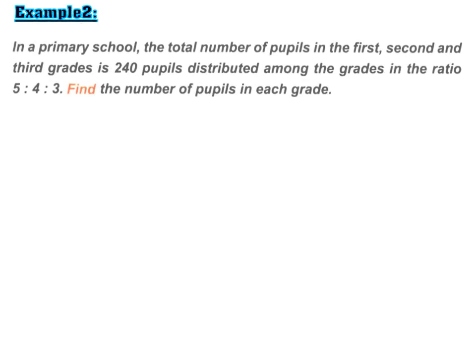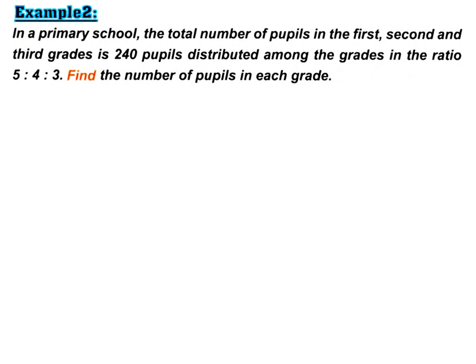Exercise number 2. In a primary school, the total number of pupils in the first, second, and third grades is 240 pupils. Okay, I have a primary school.